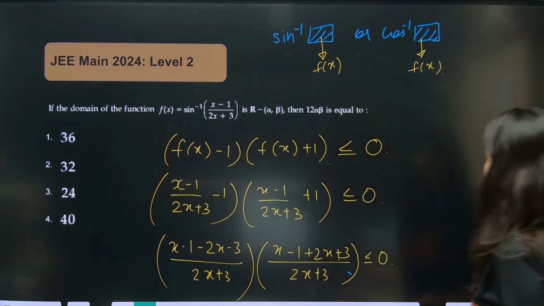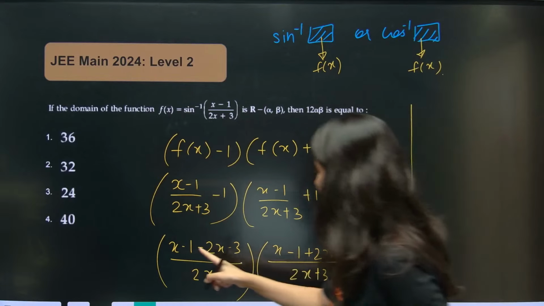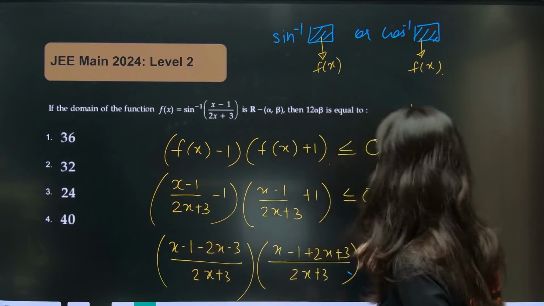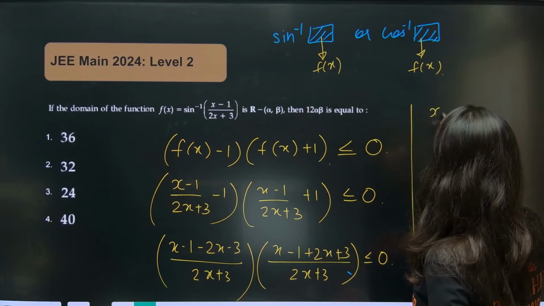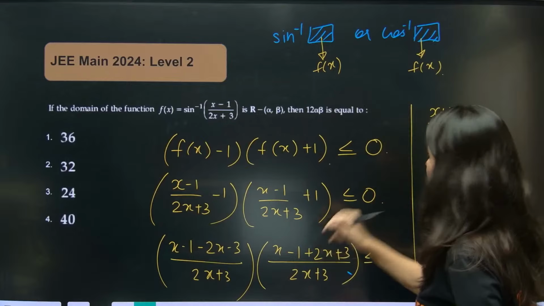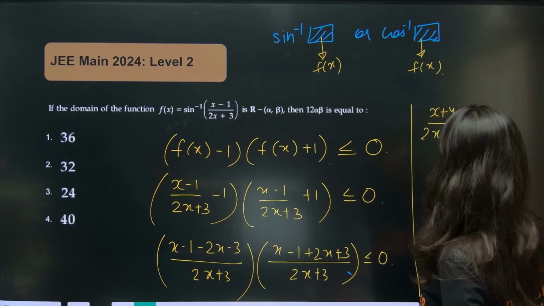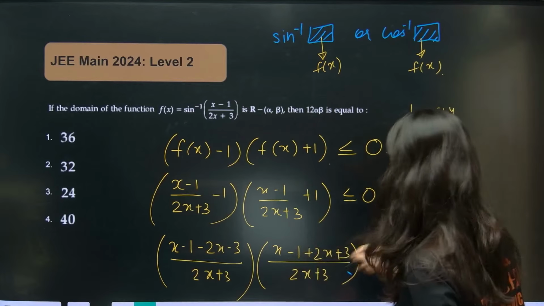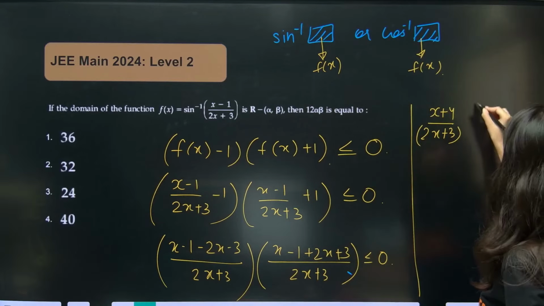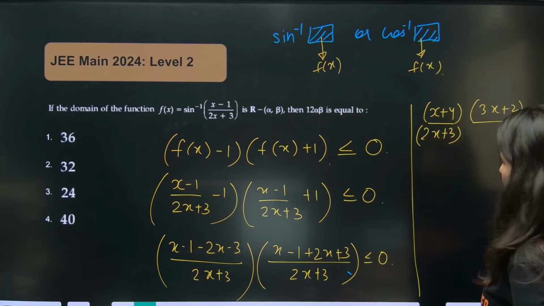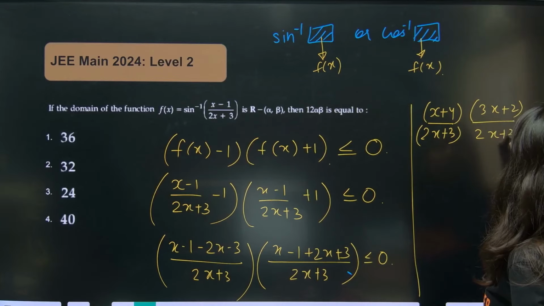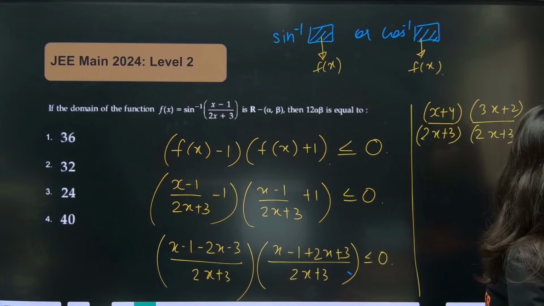So now what you're going to get? Minus x minus 4. It is going to give you x plus 4 upon 2x plus 3 was already there. Now this is (3x plus 2) whole upon 2x plus 3 less than or equals to 0.